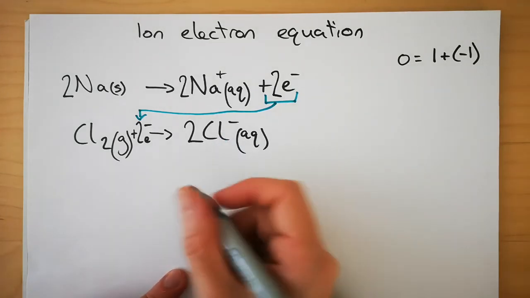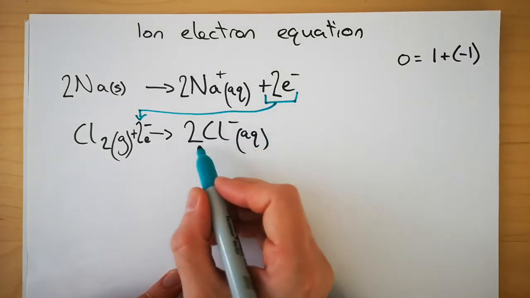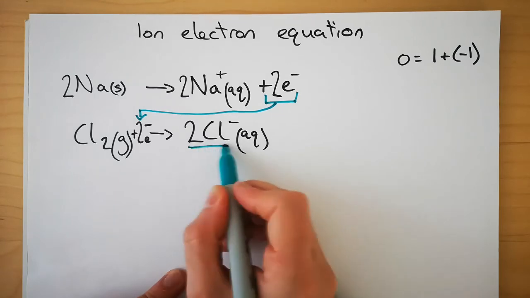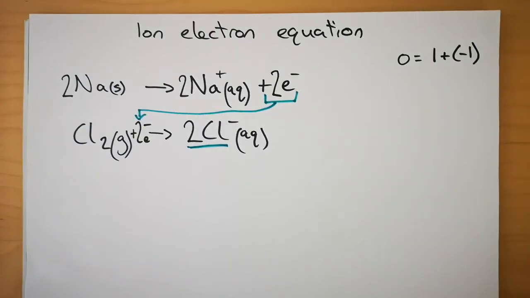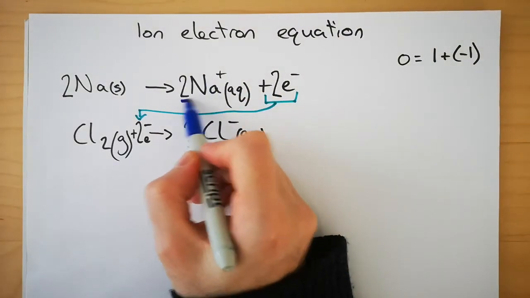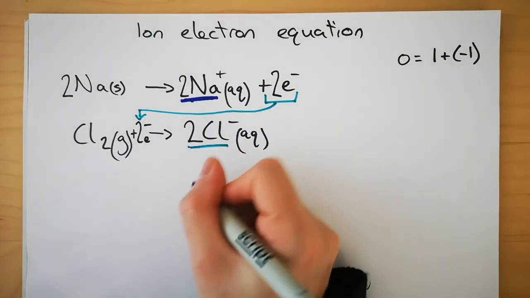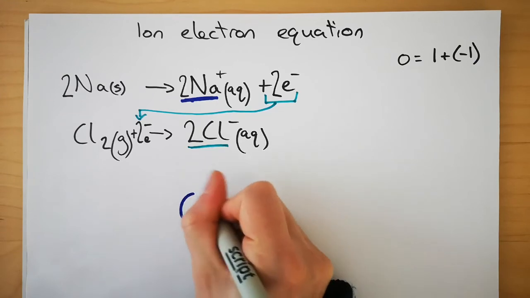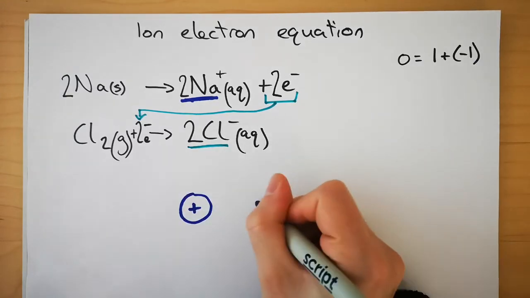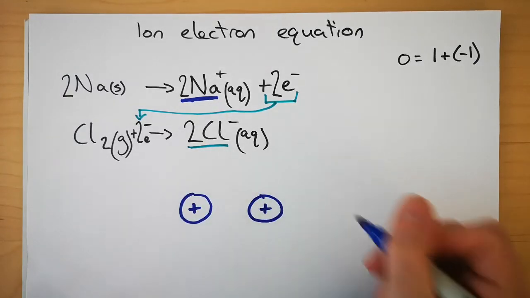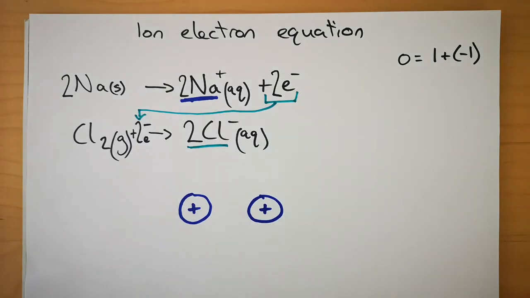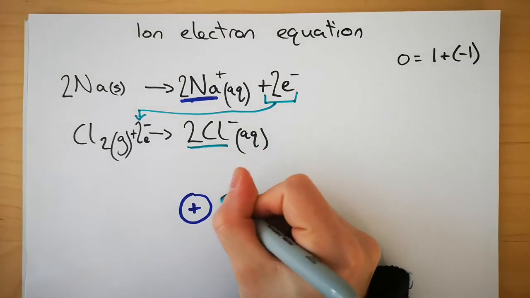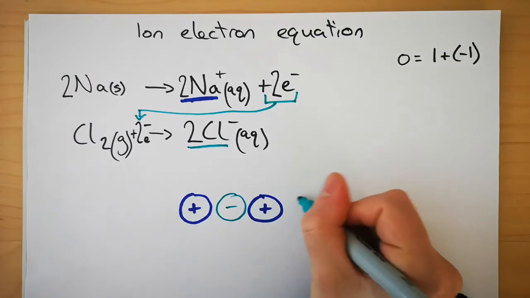So now I've essentially got, if I give this that colour, and I'll make the sodium blue, these positive ions, which will want to be surrounded by negative ions.